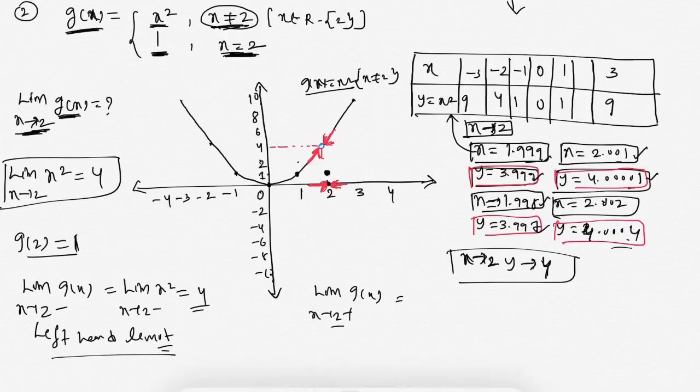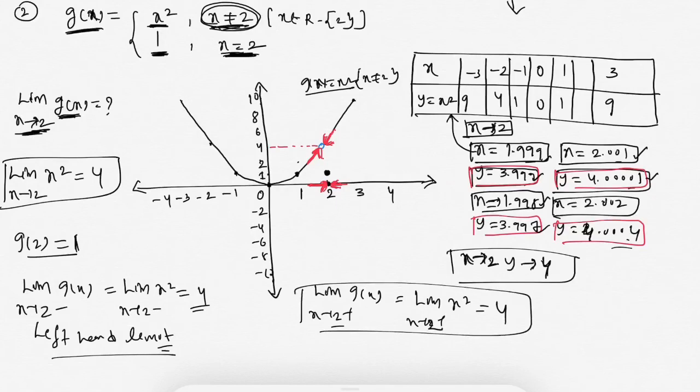So x tends to 2 plus means greater than 2, which is nothing but x not equal to 2. For x not equal to 2, the function is x square. So put that x square, and if you substitute 2, you will get 4. So this is the right hand limit.